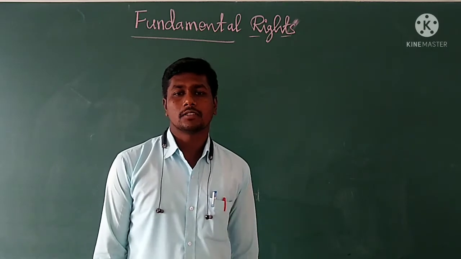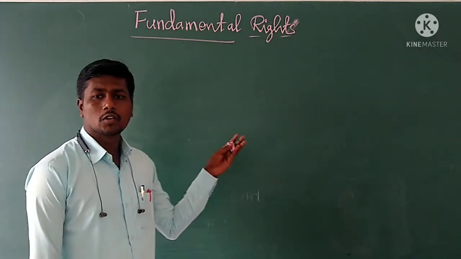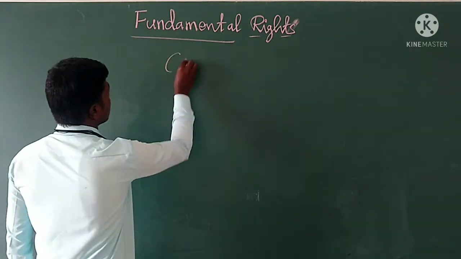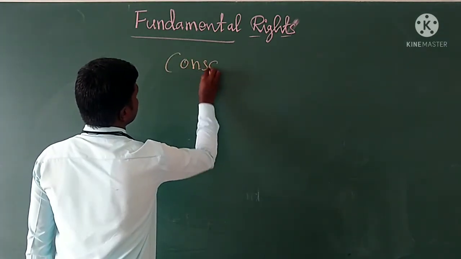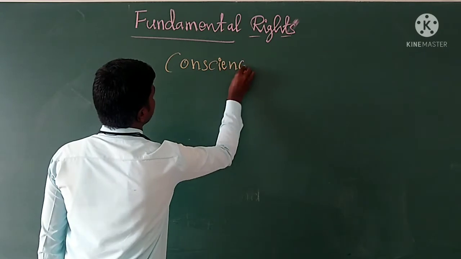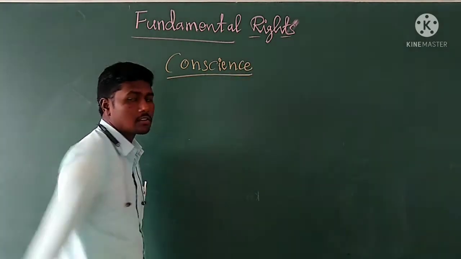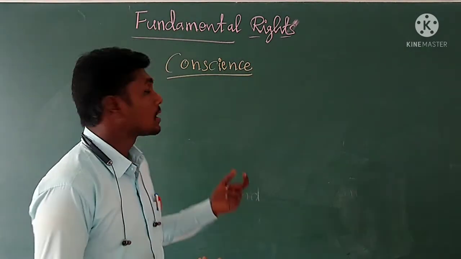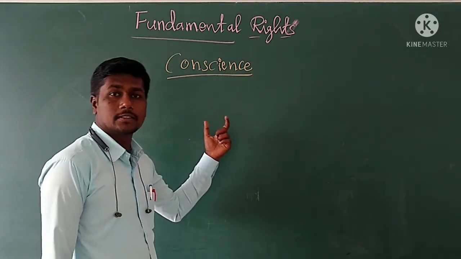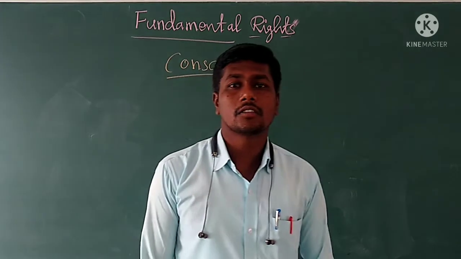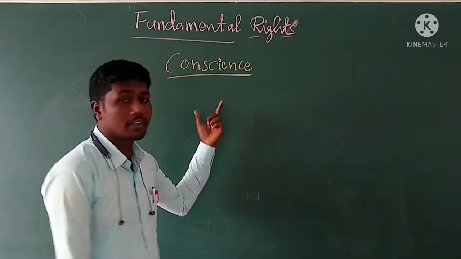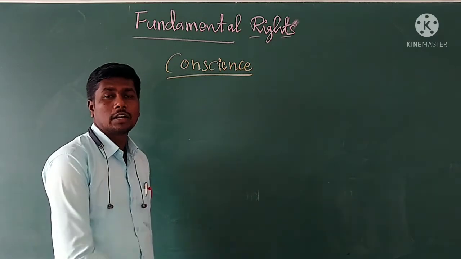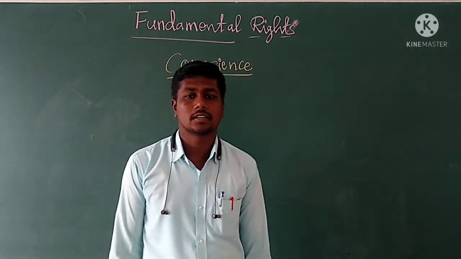You know that the fundamental rights are also referred to as the conscience of the Indian Constitution. I mean, we call fundamental rights the Atma, the soul, of the Indian Constitution.